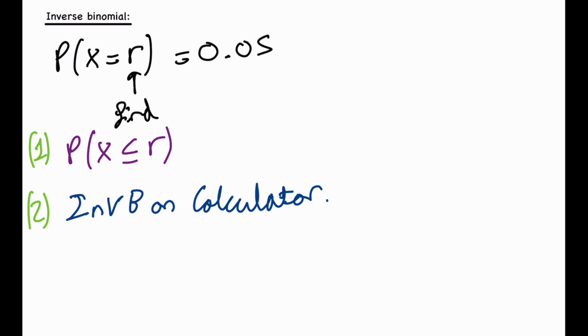So we're moving on, and they say X follows the binomial distribution with 20 trials and the probability is 0.45. They're saying the probability of X is greater than or equal to r is greater than or equal to 0.9, and they're trying to find the value of r.